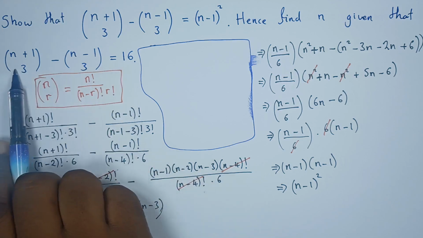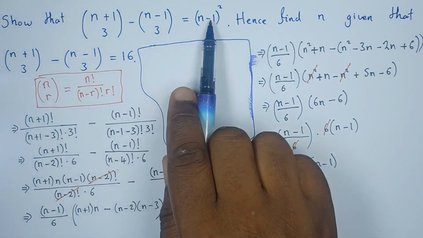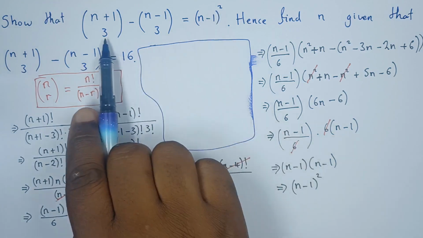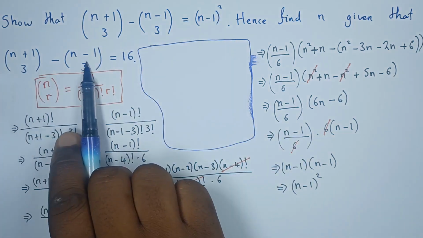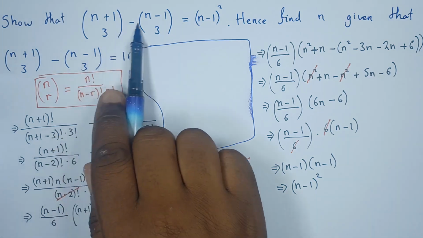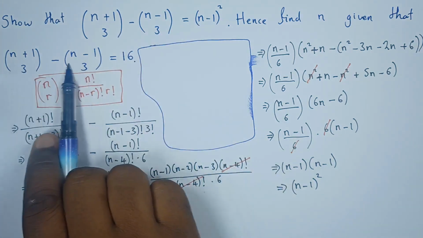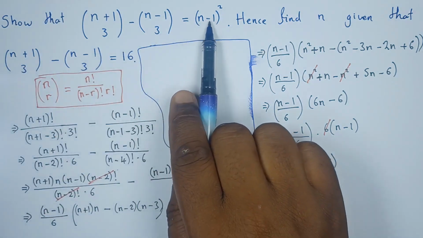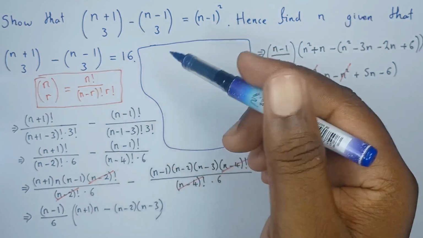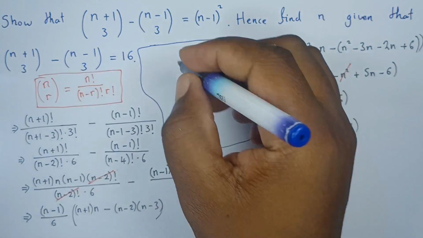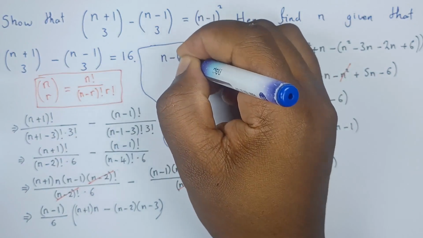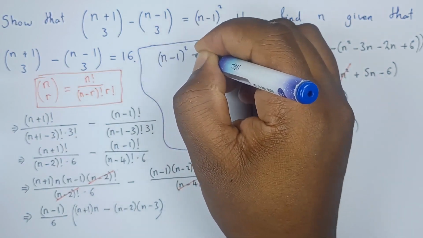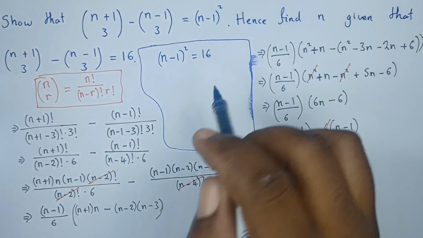But remember again, this whole thing is equal to n minus 1 squared. So this part and this part are the same. Meaning that since this is equal to this, we can replace this whole thing with n minus 1 squared. Hence our equation will become n minus 1 squared is equal to 16.